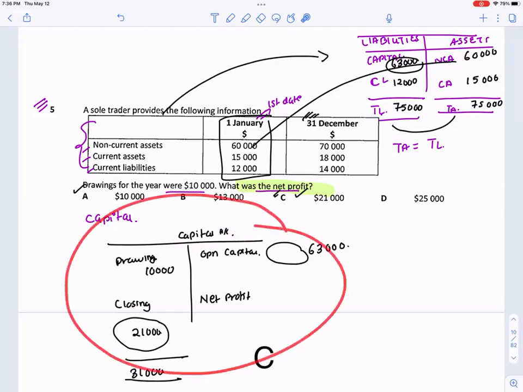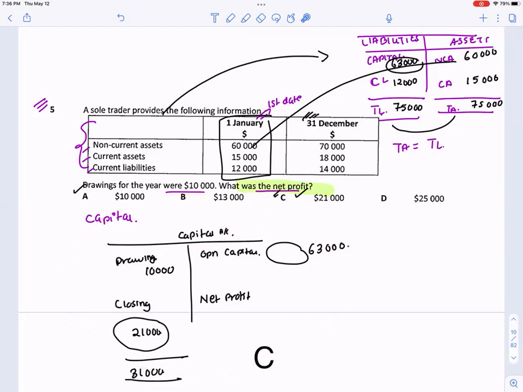Opening capital we write here, closing capital opposite side. Drawings here, net profit here. Drawings they have given us, I have just copied it. Are you with me? Yes. I have to find opening capital, that is capital on the first date.